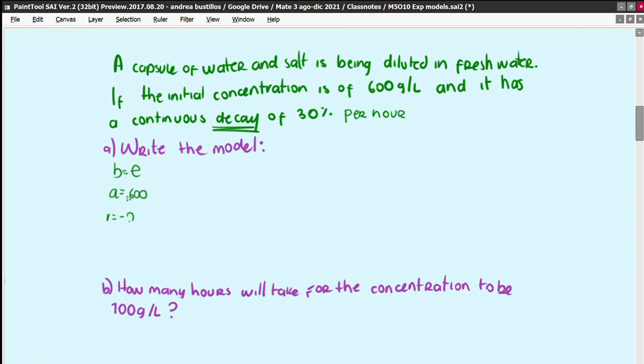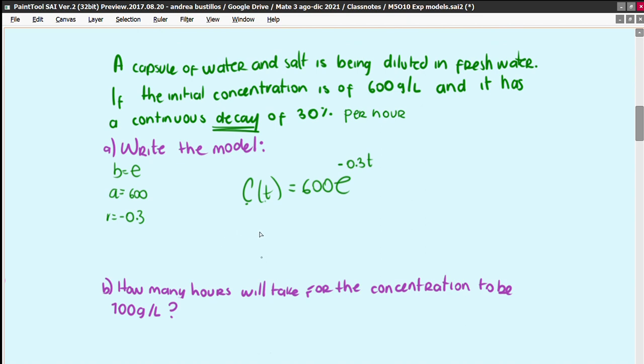Because this is getting smaller every time, and because it is 30%, this is 0.3. So our model for concentration can be rewritten as the concentration at time t is the leading coefficient times my base raised to the power of the negative rate times t.